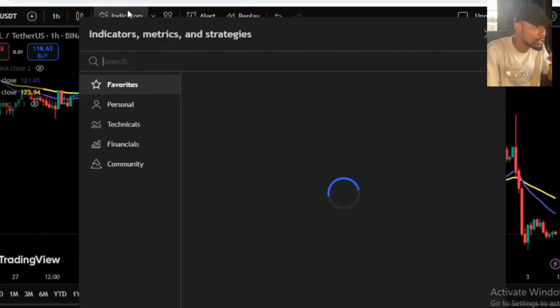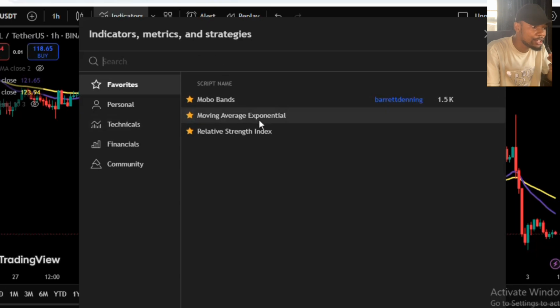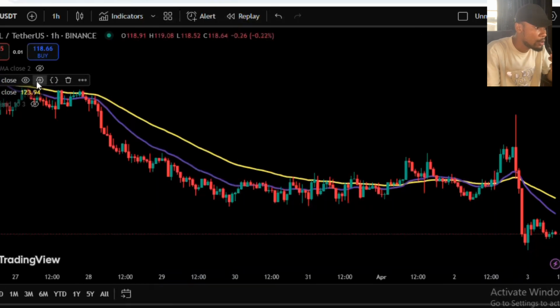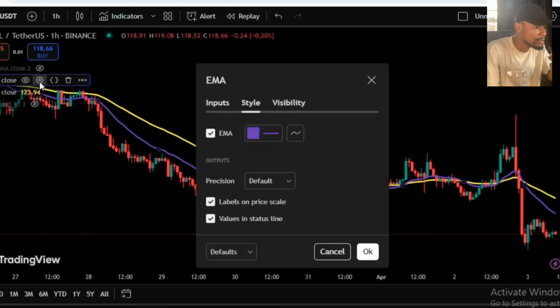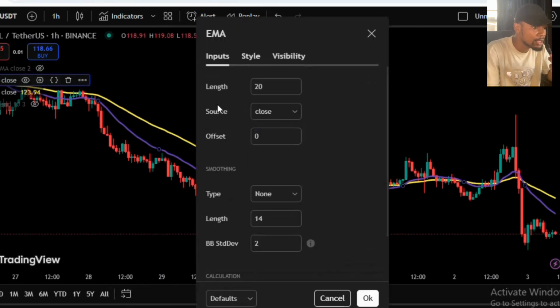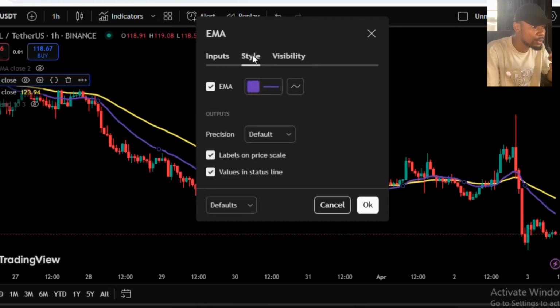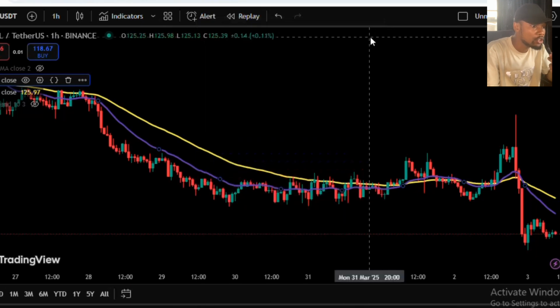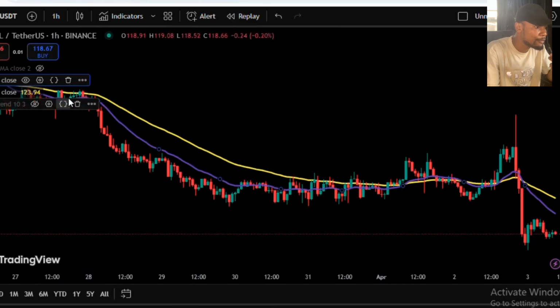Once you come to indicators, just look for moving average exponential. Type it here. Once you have typed it, it's going to come up here. You can come to the settings, and on the settings, this is your 20 EMA, which is for the blue one. So the blue one should be 20, the yellow one is the 50 EMA.